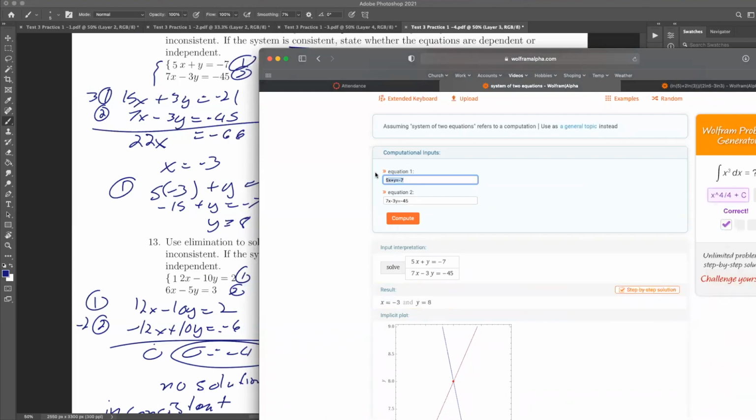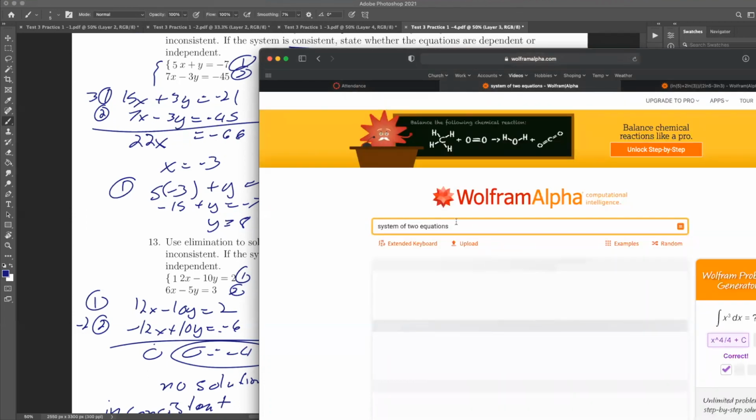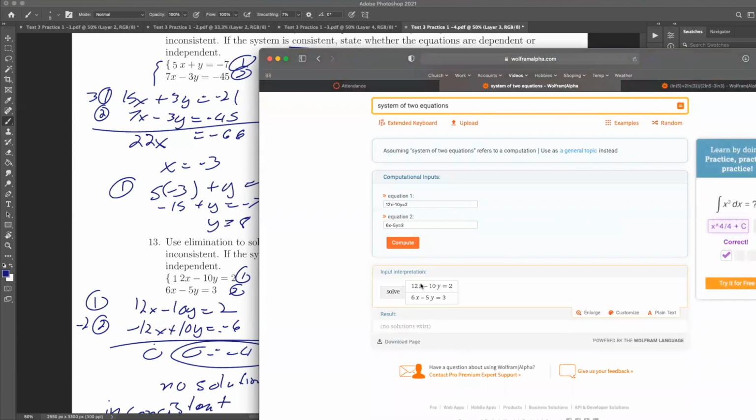We'll type in the other two we did. So we have 12x minus 10y equals 2. And then we'll have 6x minus 5y equals 3. We hit compute. And we have no solutions.